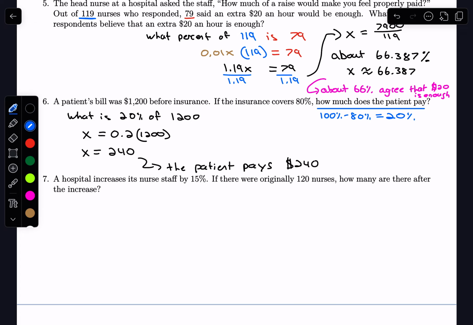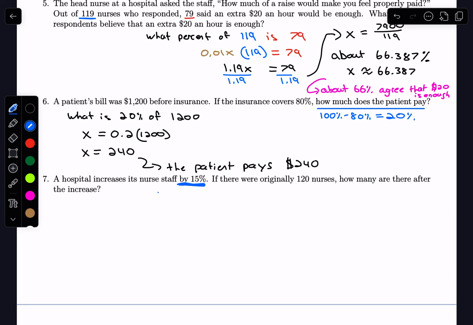All right, number 7, a hospital increases its nurse staff by 15%. If there were originally 120 nurses, how many are there after the increase? Because we are increasing by 15%, that does not actually tell us to multiply by 0.15.